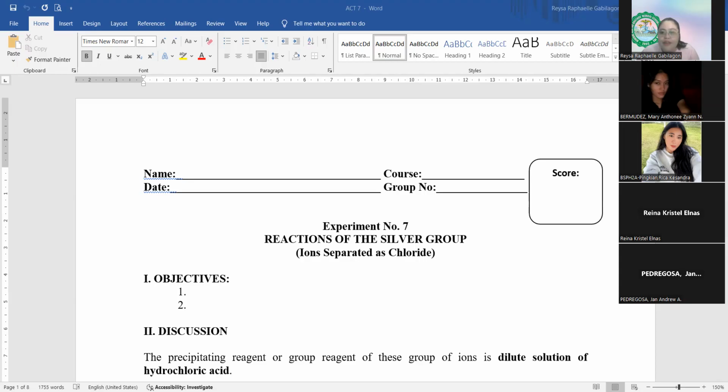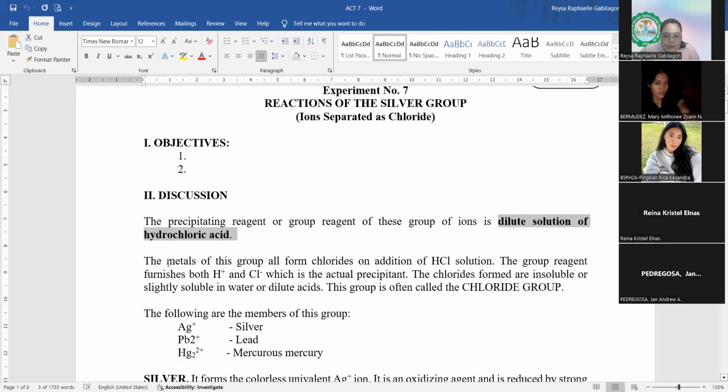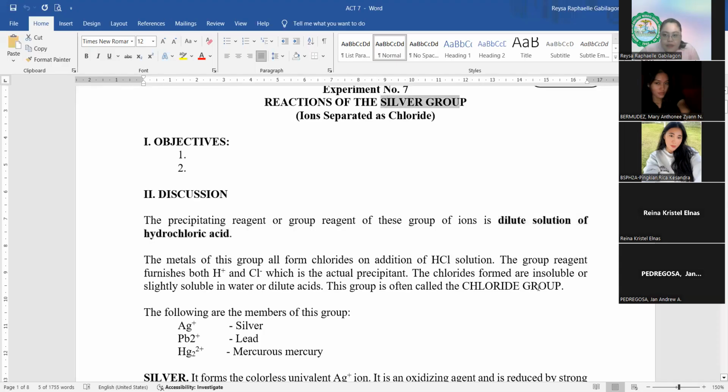Okay, they are ions separated as chloride because their precipitating reagent is the dilute solution of hydrochloric acid. So in short, that is HCl. Okay, yan yung kanilang precipitating reagent. So that is why either we call them the silver group or the chloride group.